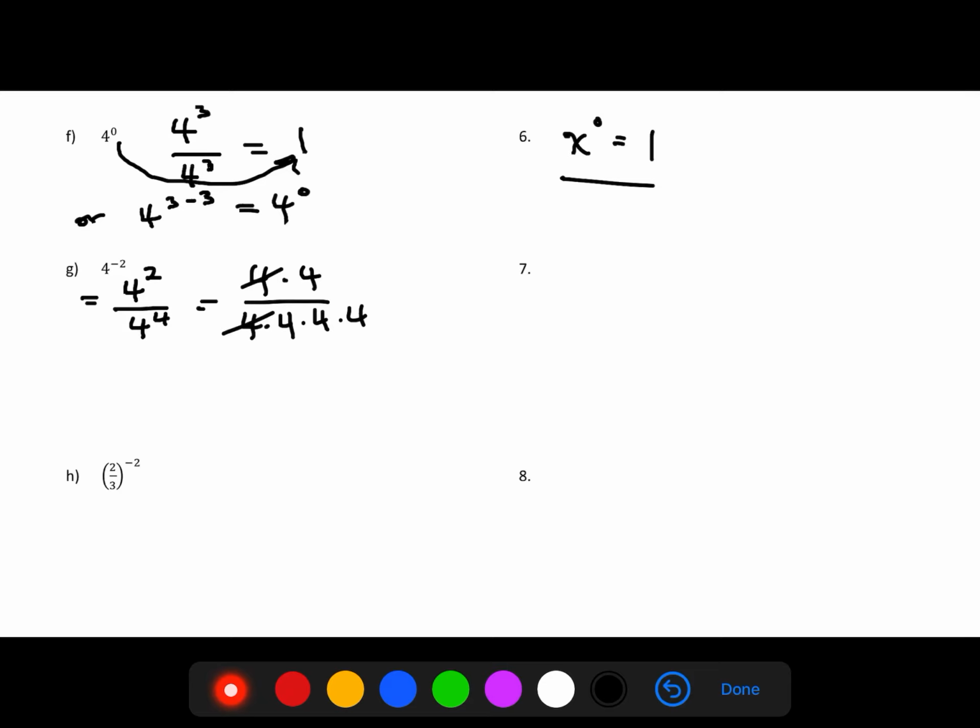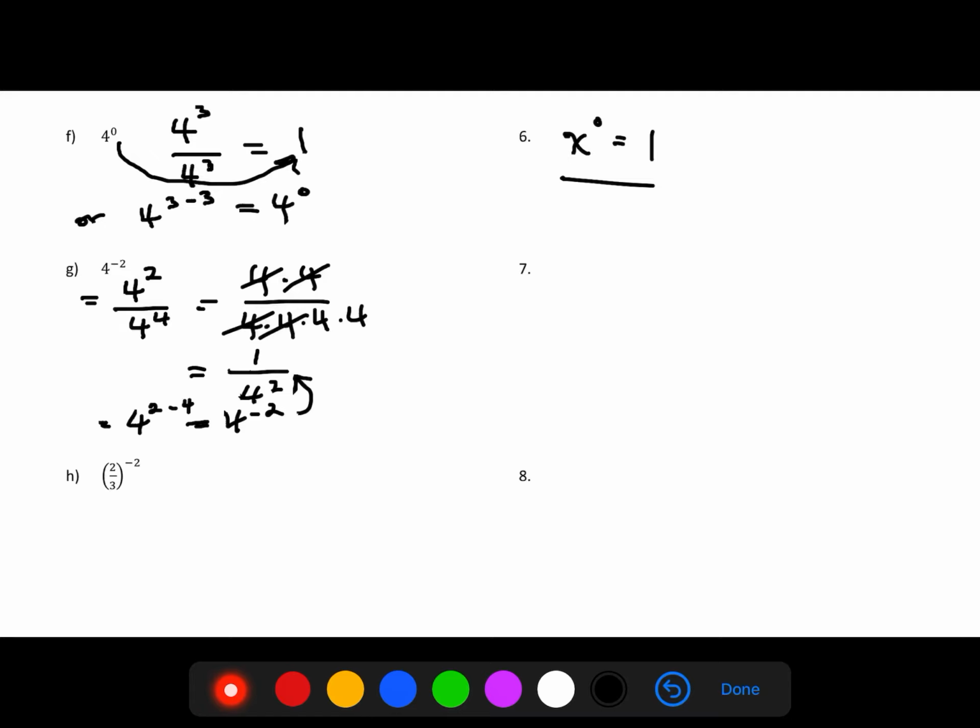And again, anything divided by itself cancels out, which means we have 1 times 1 on the top, which is 1, and 4 squared on the bottom. Well, notice that in power laws, that would mean 2 minus 4, which means 4 to the negative 2. So these two values or expressions are equal.